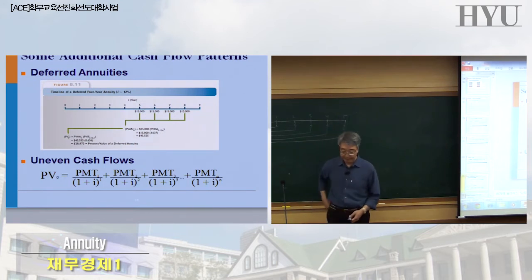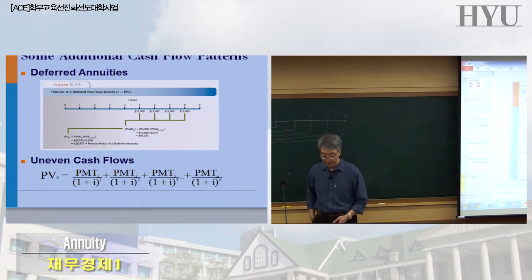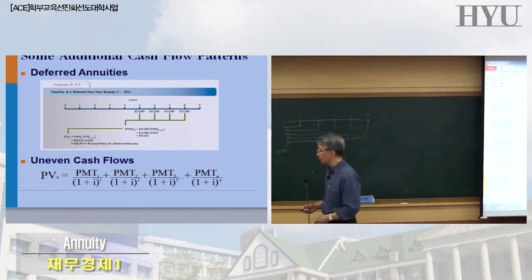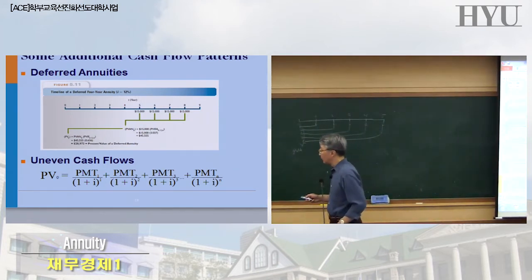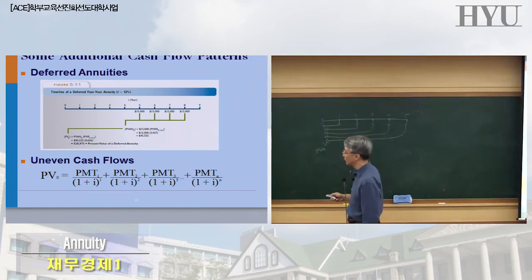Okay. Now we're bringing in a few additional cases. Okay? The first one here is deferred annuity. Deferred annuity simply means it's an annuity, but it doesn't start immediately as of today, but it starts, say, 4 years later, right?